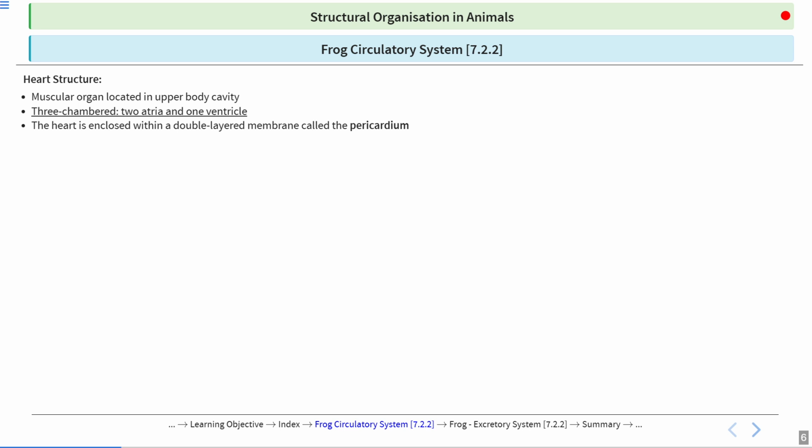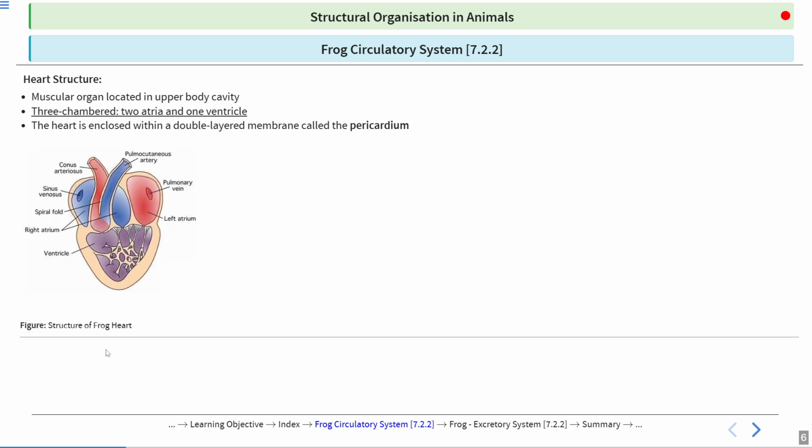If there is some external force and it hits the heart, that force gets minimized when it passes through the liquid, and we get minimum pressure on the heart wall. So this is regarding the protection. The heart is enclosed within a double-layered membrane called the pericardium, and between the heart wall and the pericardial membrane, there is some liquid substance called pericardial fluid.